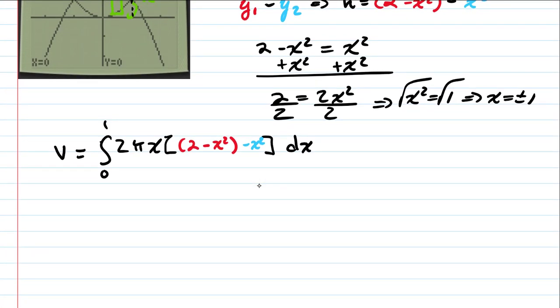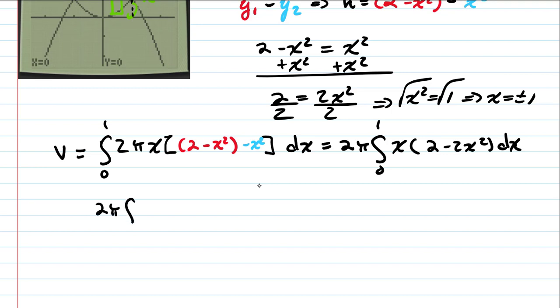So collecting our like terms and pulling our constants out of the integral, we get 2 pi times the integral from 0 to 1 of x times 2 minus 2x squared dx. So distributing our x into our parentheses, we get 2x minus 2x cubed dx, giving us our antiderivative of x squared minus x to the 4th over 2.